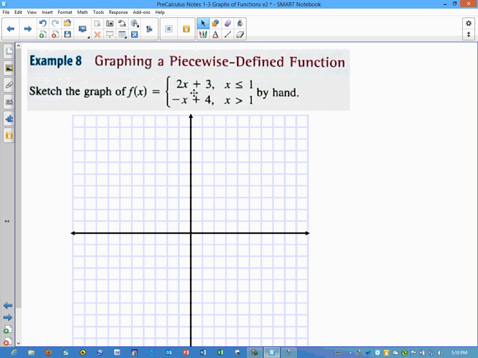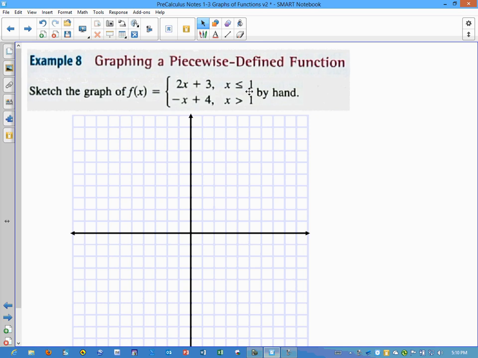So the graphs of both of these parts are going to be lines. So this piecewise function is going to be 2 lines, basically. Now the lines are not going to go forever to the left and forever to the right. They have an endpoint. And 1 is that critical value, that upper and lower bound of these 2 lines.